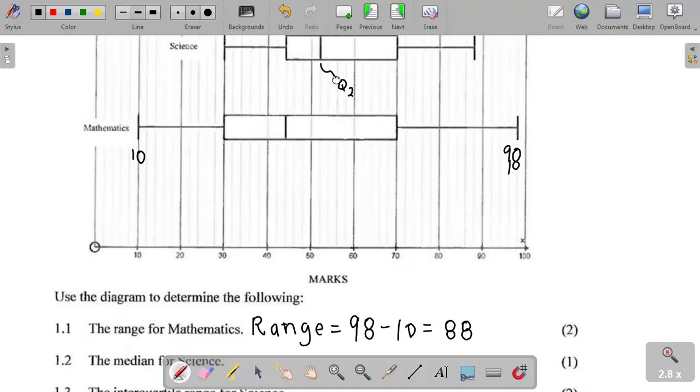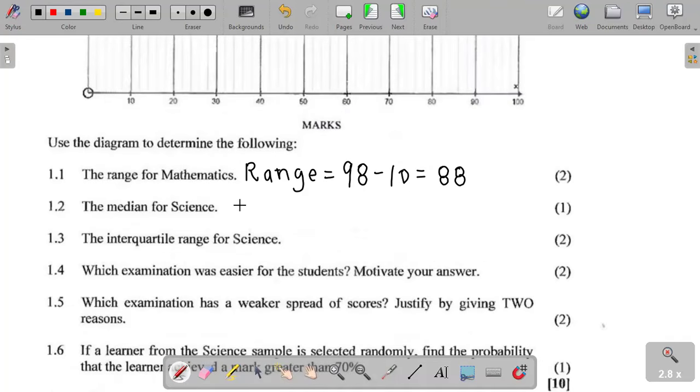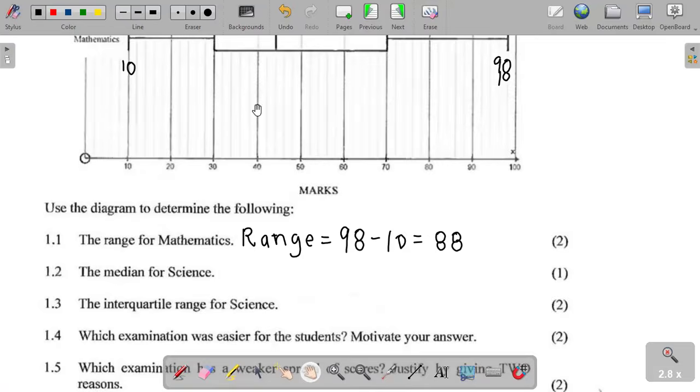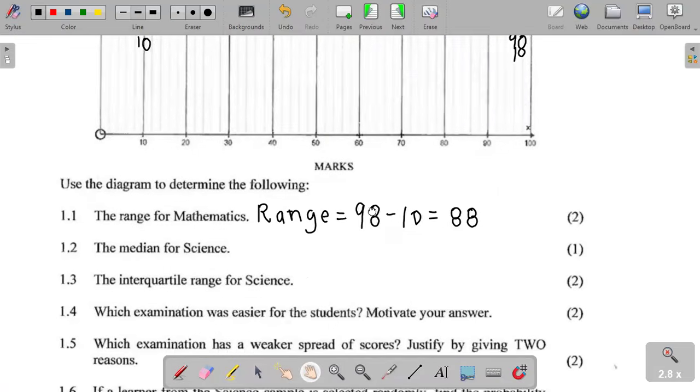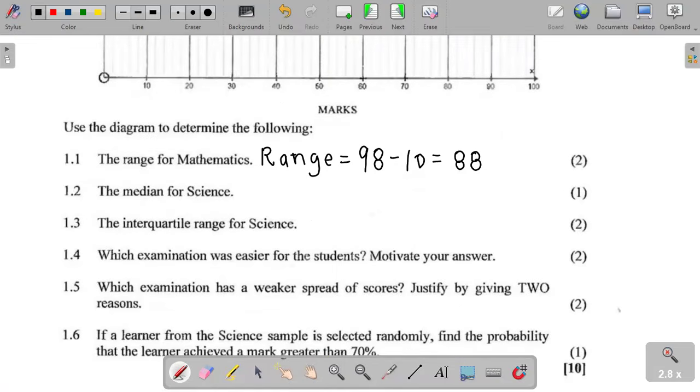Is it 62 or 52? No, it's 50, not 60, because it's 10, 20, 30, 40, 50. So it's 50 here, and it's going to be 52. It's 1 mark, so you can just write 52.